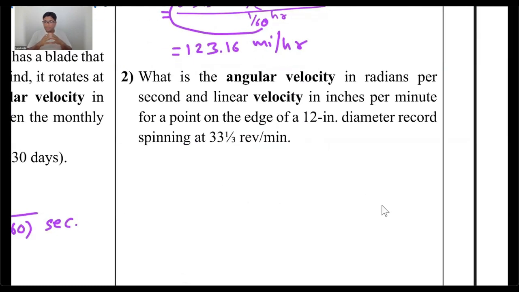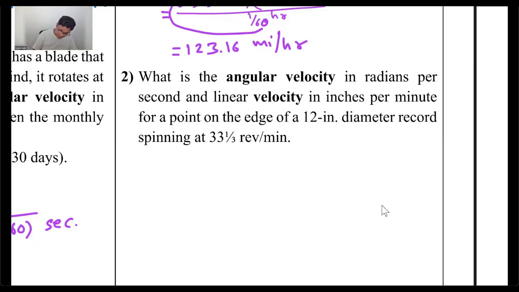Moving on. What is the angular velocity in radians per second and linear velocity in inches per minute for a point on the edge of a 12-inch diameter record spinning at that speed? Very similar question in different wording, different context, but the same idea. Please go ahead and do it and then check your work with me.